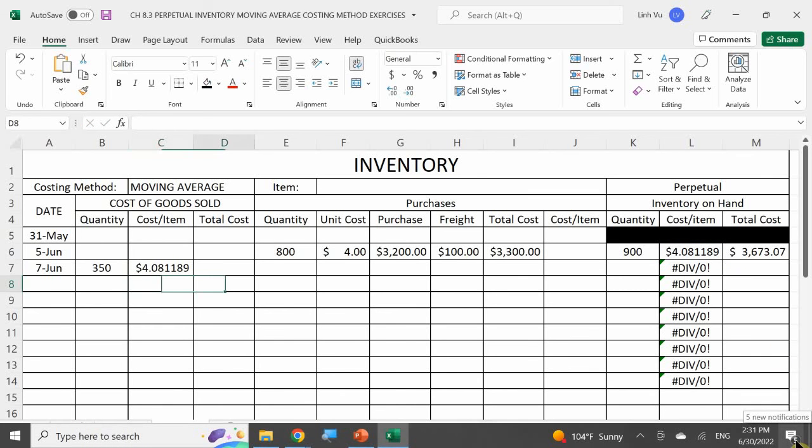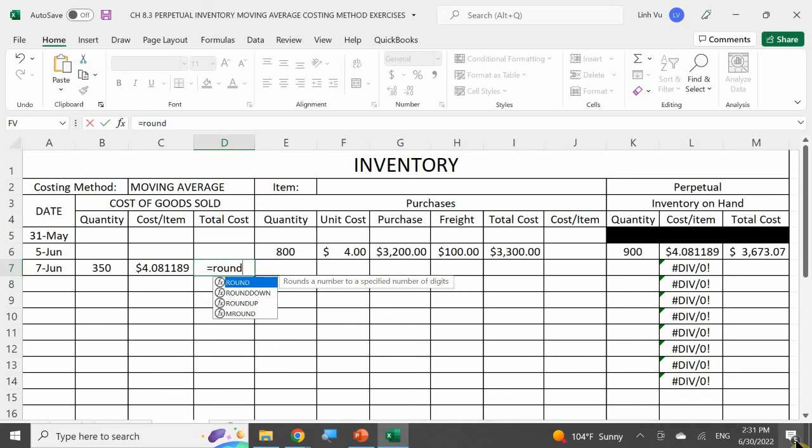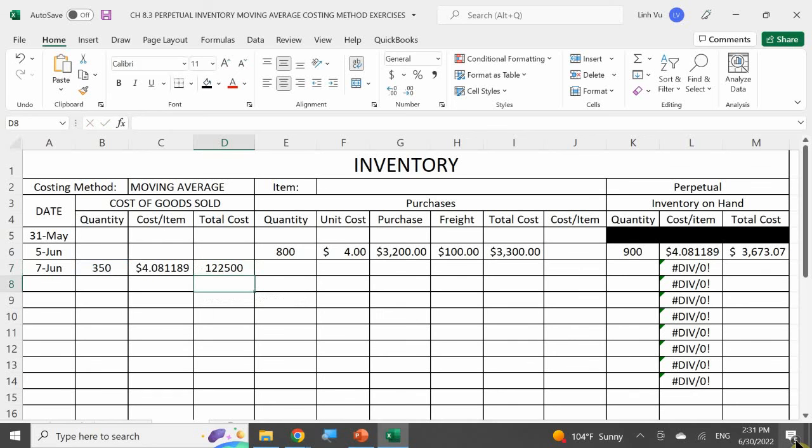Okay, so then what is going to be my cost of goods sold? $1,428.42. Good.